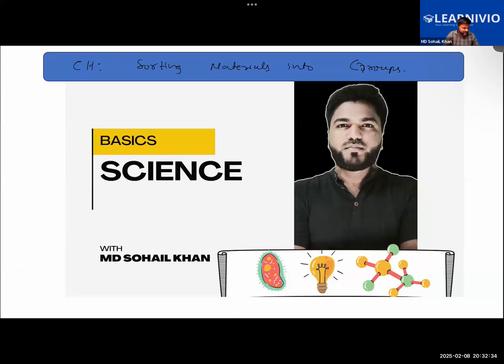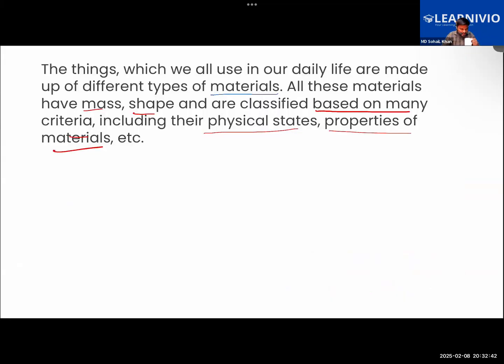Okay, so we had started the revision of the chapter sorting materials into groups. Some of the things we have already discussed in the previous class, like how we can sort materials into different groups based on the hardness, based on the luster property.